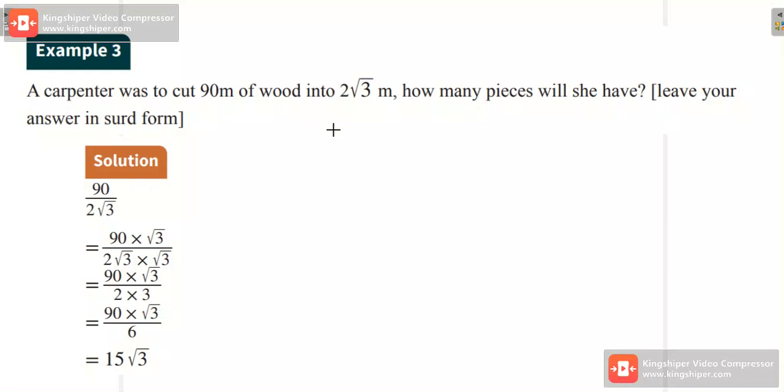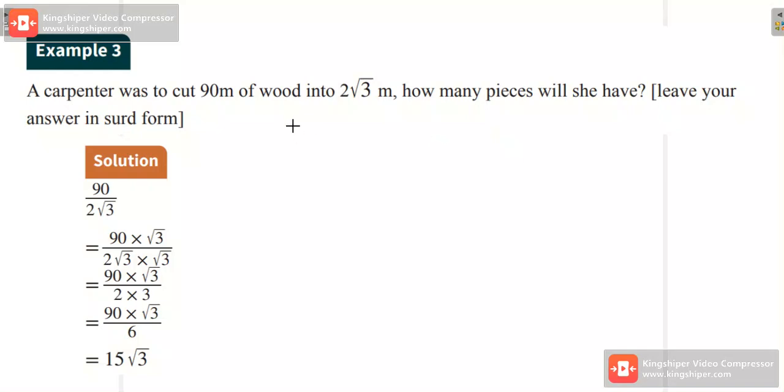Now, if you have a piece of wood and you want to cut it into 2 pieces, and the wood is 90 meters, you just divide 90 by 2, so you are going to get 45 meters each.